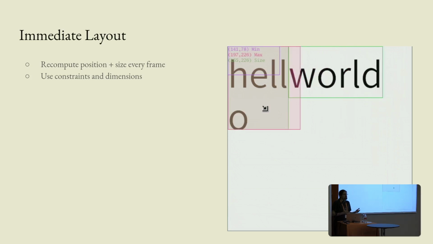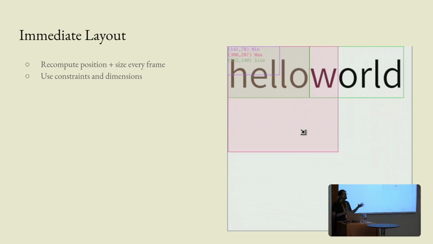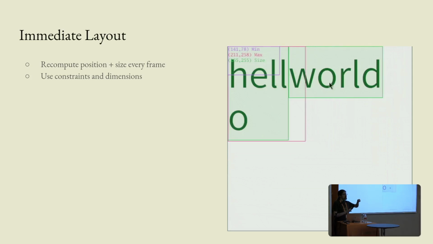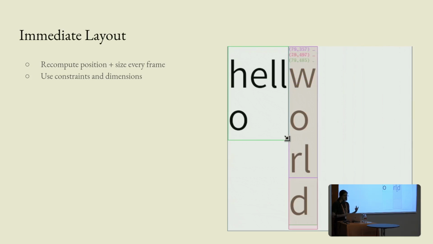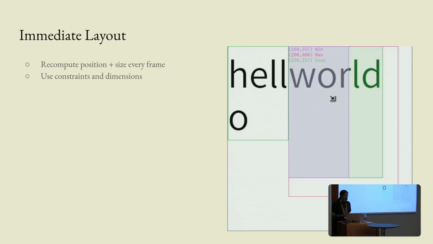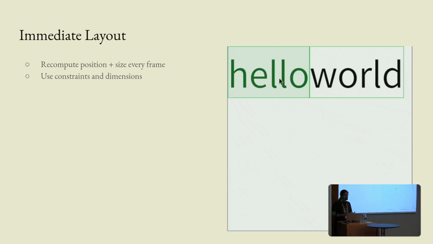This is kind of why responsive design is hard, why it's difficult to make applications that smoothly resize across a variety of possible window sizes or screen sizes. But in Vue, because we just redo the math every frame, we just don't have that problem. You can't get stuck at the wrong size because we figure out the right size every frame.